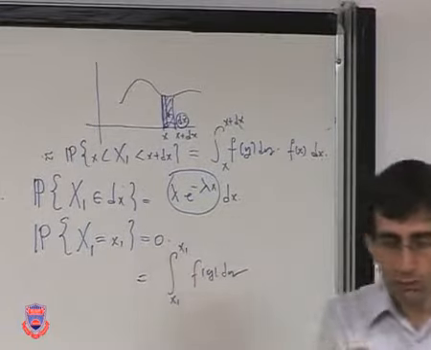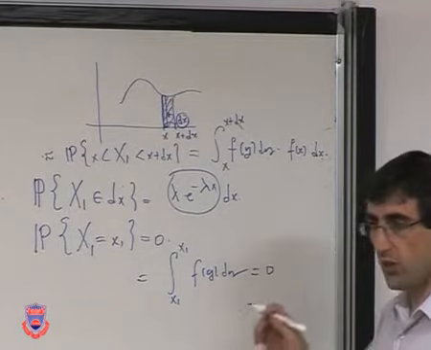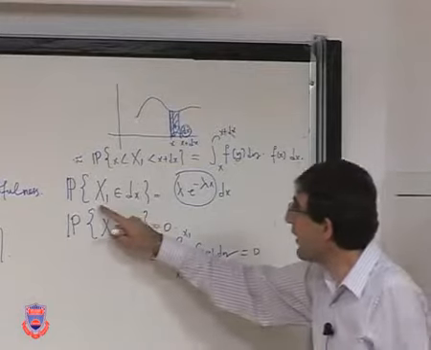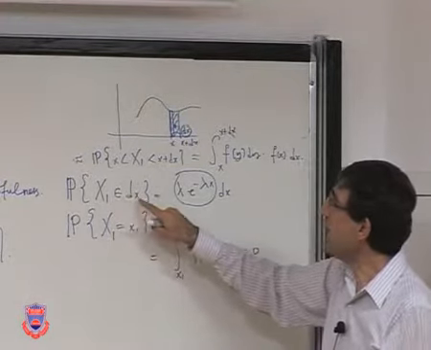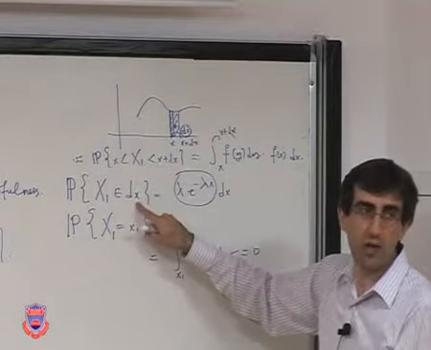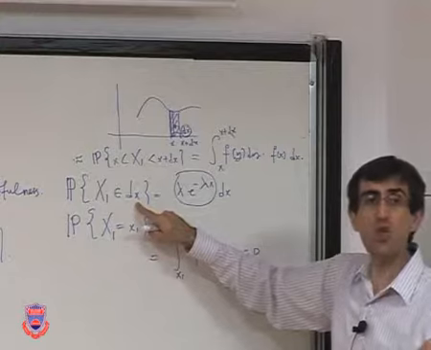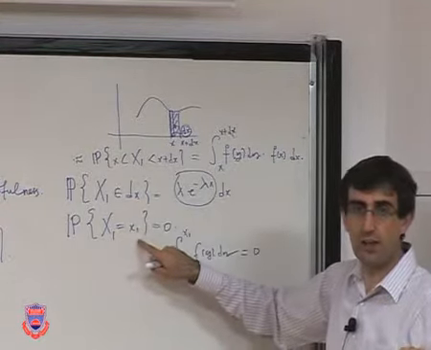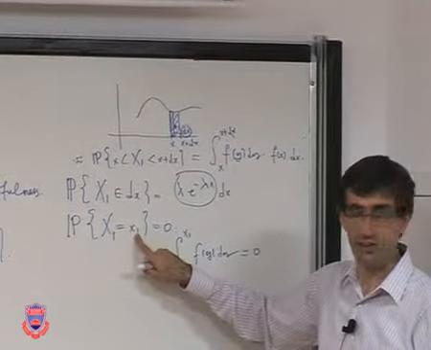It's just a one-point interval. Of course, the area is 0 because the width is 0. Height is positive, but width is 0, so the rectangle will disappear. But when you write like this, x1 is in the neighborhood of x. That's how you read this thing. Then people understand that you know what you are talking about. If you write it the other way, they will fail you in the probability class. So you don't do that.